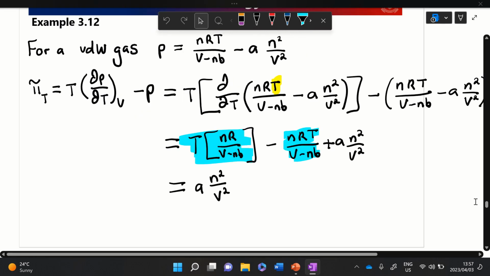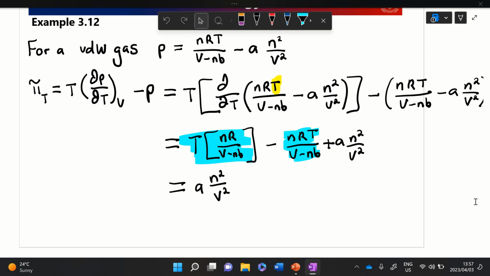So basically what this tells us is that our van der Waals gas's internal energy is dependent on this factor a, which is indicative of the attractive interactions in a van der Waals gas.